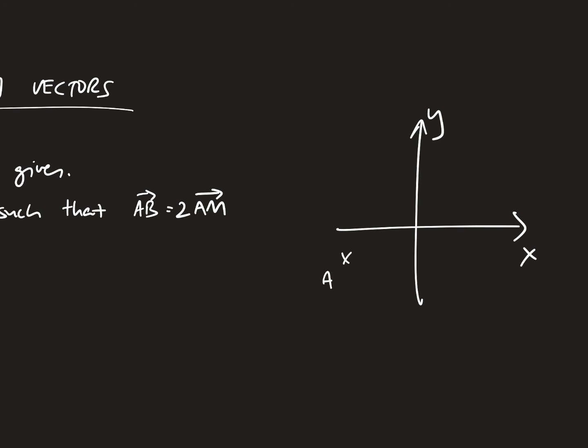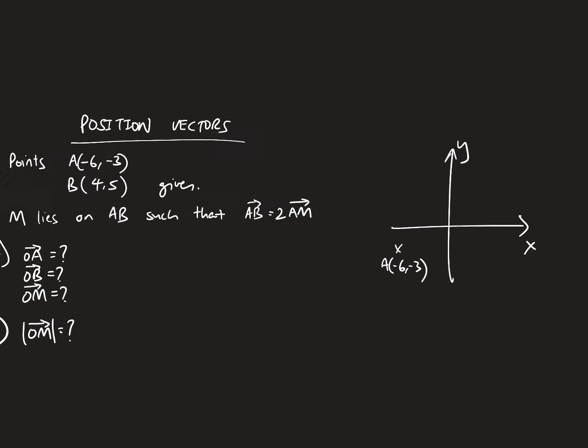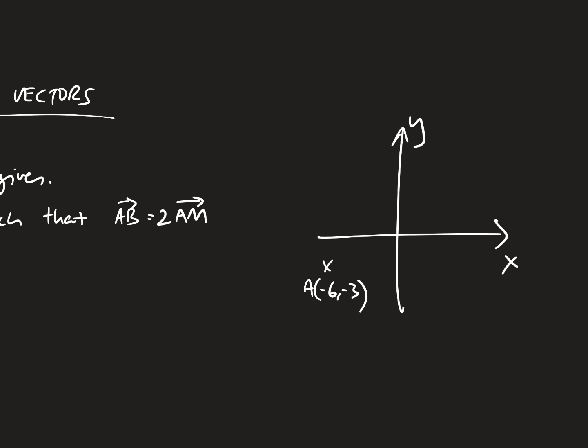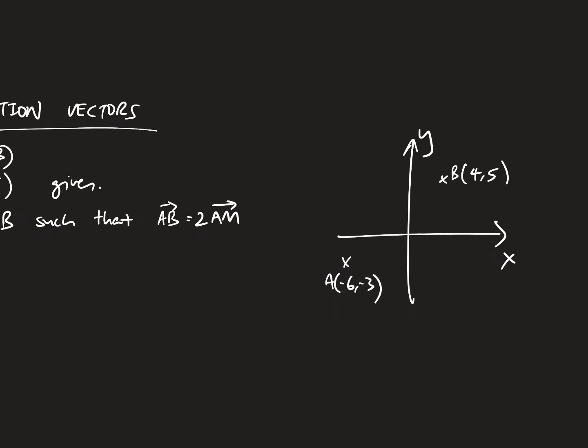I'm going to say this is A. And then point B is 4 and 5, so +4 and +5, somewhere here. It doesn't have to be super accurate, it just has to give me an idea of where the points are.